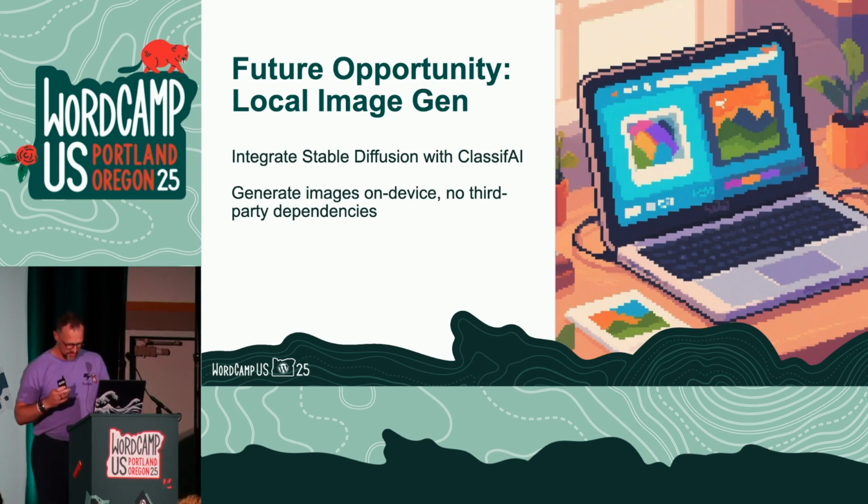As I mentioned a second ago, I have this described as a future opportunity, using local models to do image generation, and that this was supposed to be the next thing on the roadmap with ClassifAI. I was supposed to say that Stable Diffusion would let you generate images locally and keep all that content private.